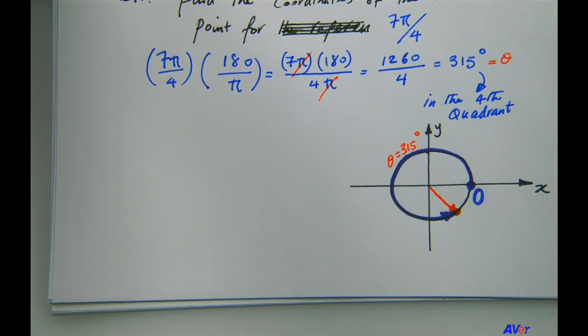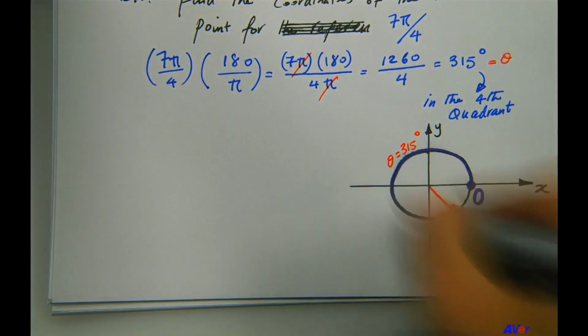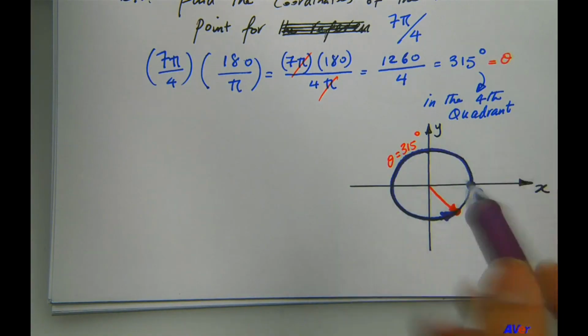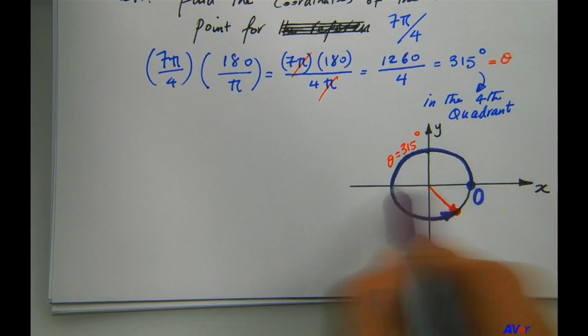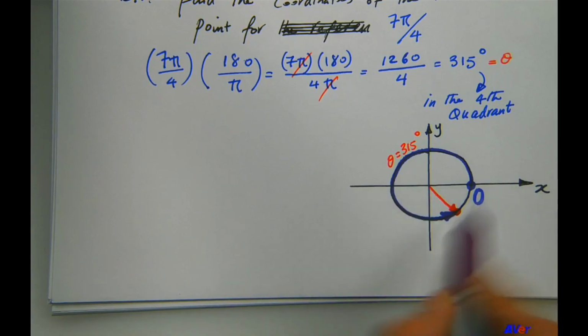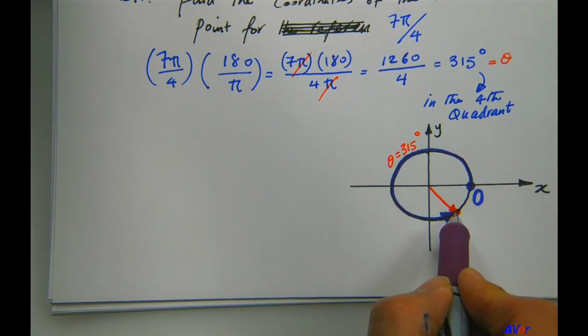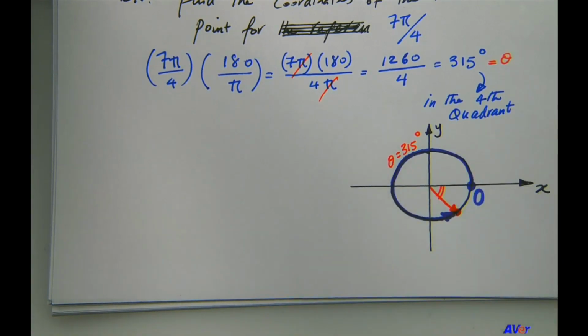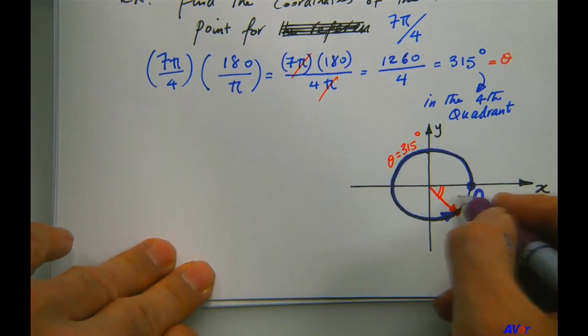So what's the reference number here, or the reference angle? Is that 315 degrees? No. The reference number is the shortest distance between the x-axis and the terminal point. So the reference angle is this one, right? So that's the reference angle.